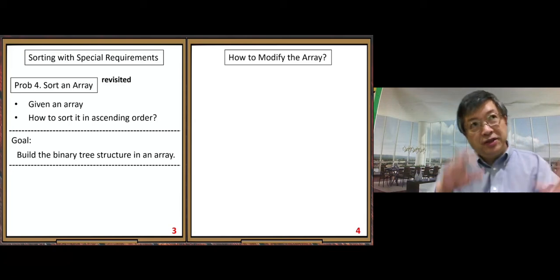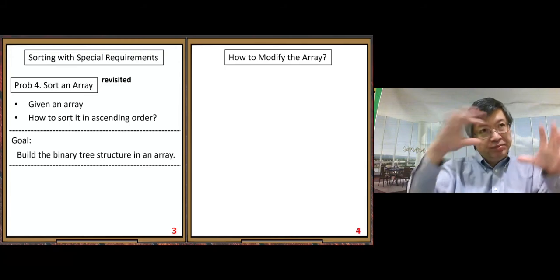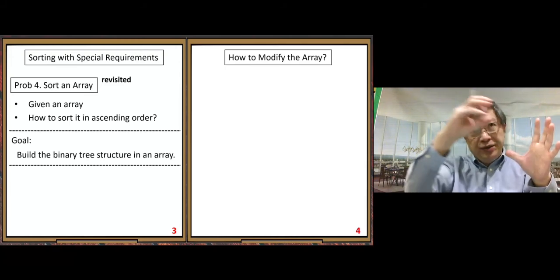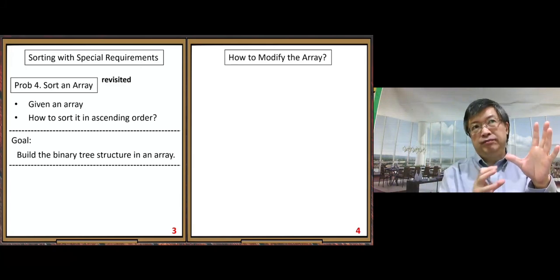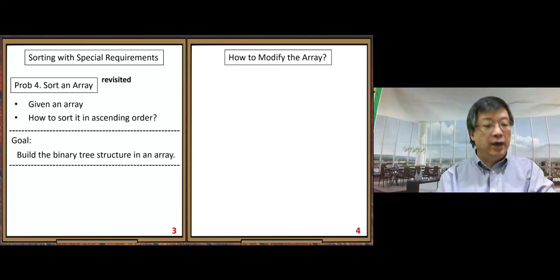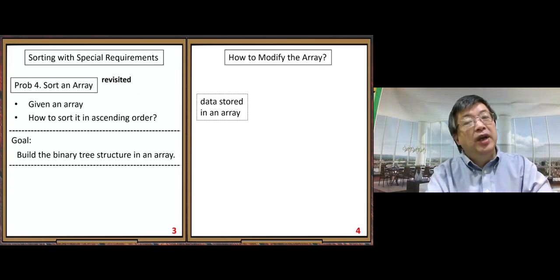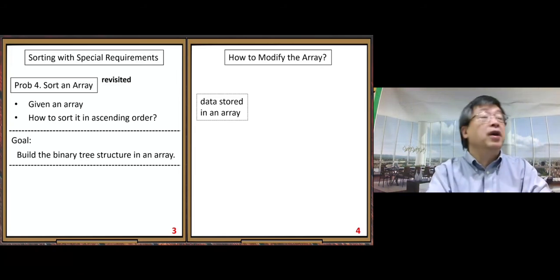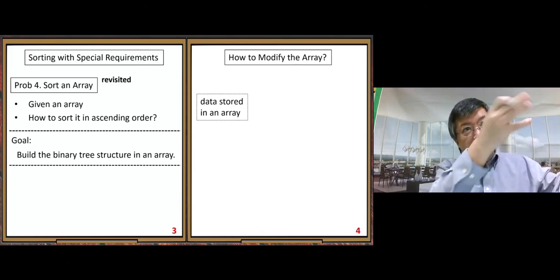All right, so let me use a simple diagram to examine the idea for this goal. When we start, we consider data sorted in an array. If the data is not sorted, we need to sort it.